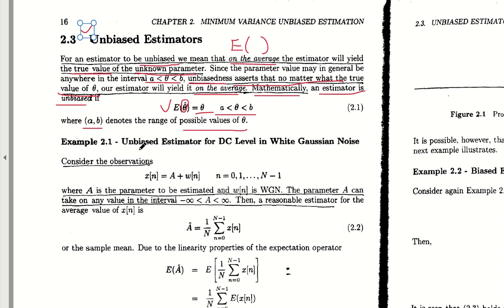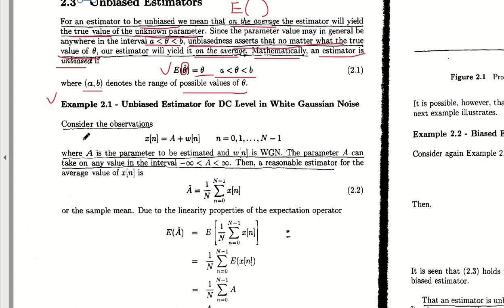Okay, so, unbiased estimator for DC level in white Gaussian noise. Example. We consider the DC level problem in white Gaussian noise.